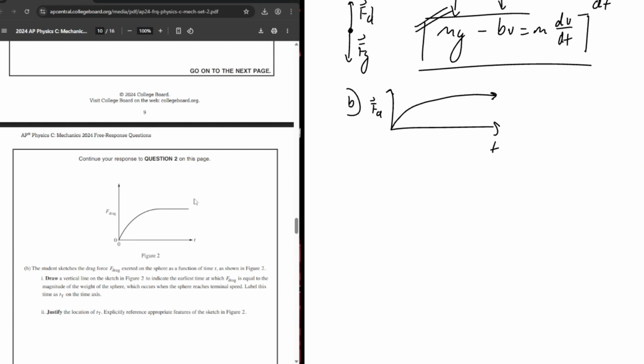So the key here is that when terminal velocity is reached, v isn't changing, so dv/dt has to equal 0.